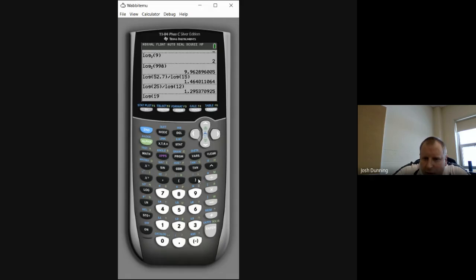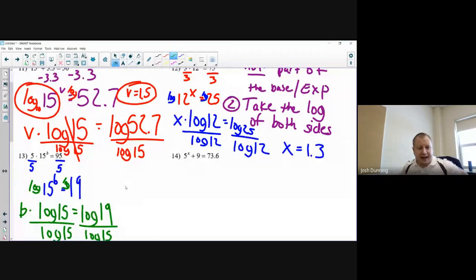Logarithm of 19, close those parentheses, divide by log of 15. 1.08, so 1.1. And I'll switch back to the notebook again. So like I said, that is 1.1 when you round it.